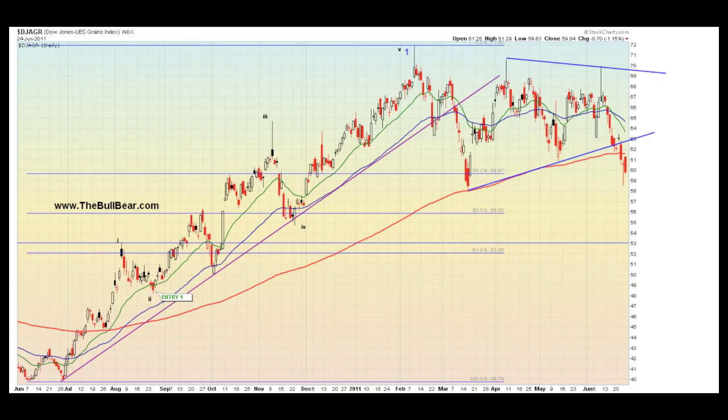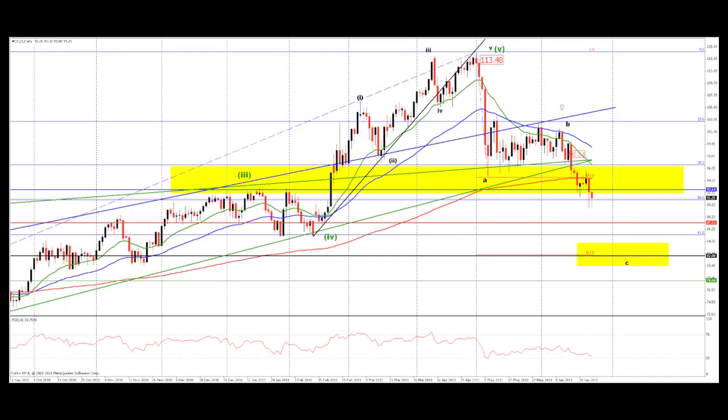This is the agriculture index, so an important break of support here, below the moving average, below the horizontal support. This is the crude oil. Okay, important break below the 200-day moving average, a retest of the break, and then a new failure.